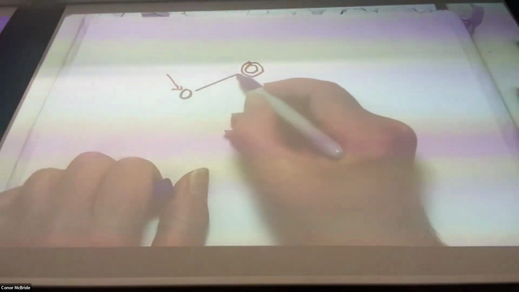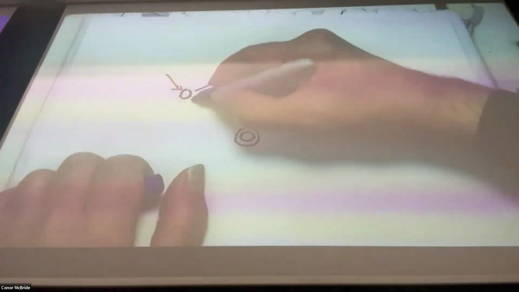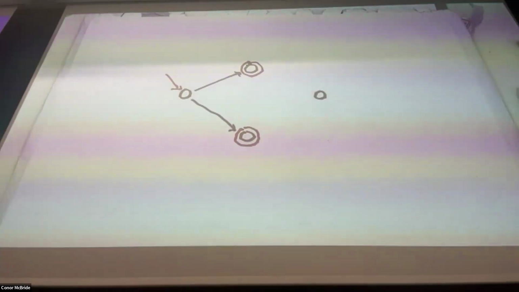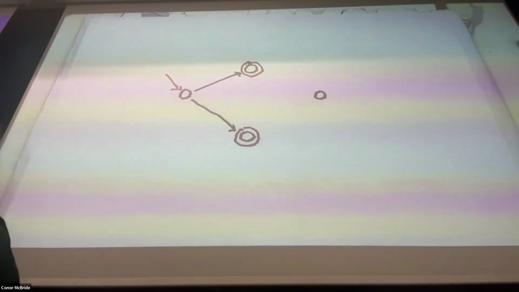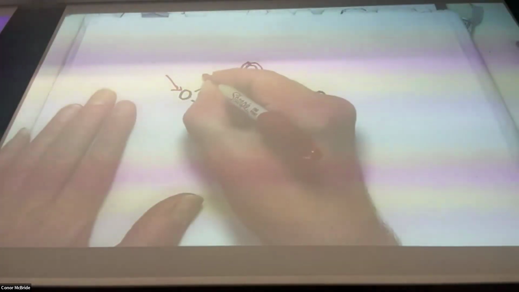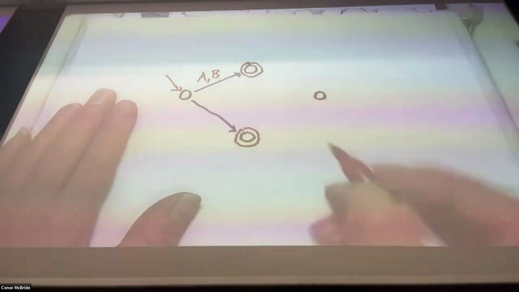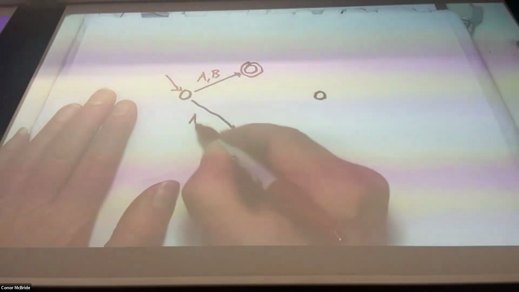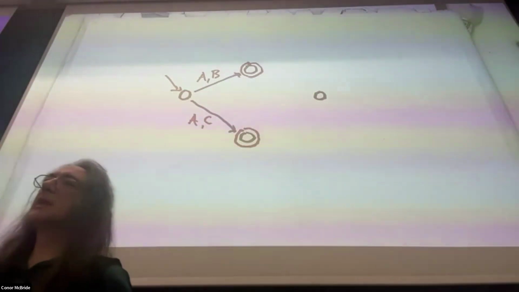So for example, I'm going to label this one A, B, and label this one A, C. What does that mean?